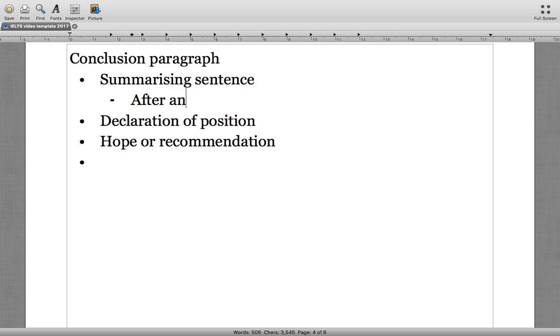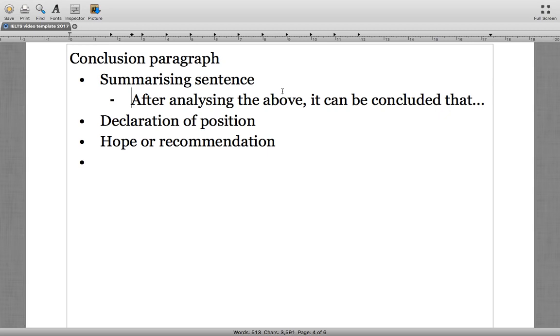after analyzing the above, it can be concluded that, and now the summarizing sentence and the declaration of position, or the restatement of position, these sentences can be connected.